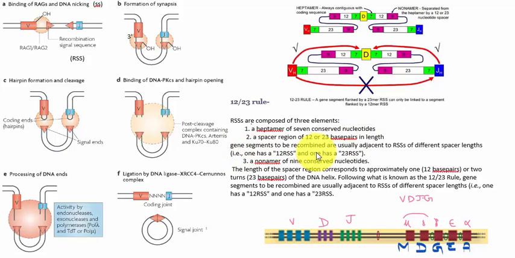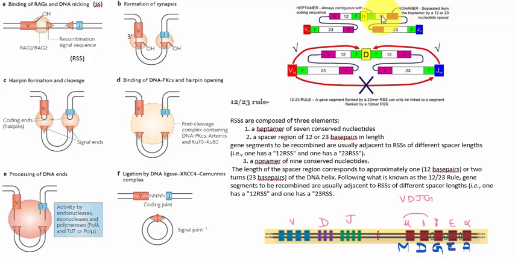Gene segments to be recombined are usually adjacent to RSS of different spacer length. One has a 12 RSS and one has a 23 RSS. So here is the 12 RSS, here is the 23 RSS. A nonamer of 9 conserved nucleotides is also present. Here are the nonamers of 9 conserved nucleotides.